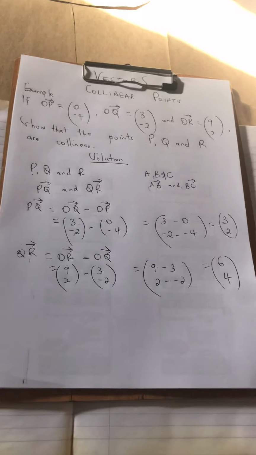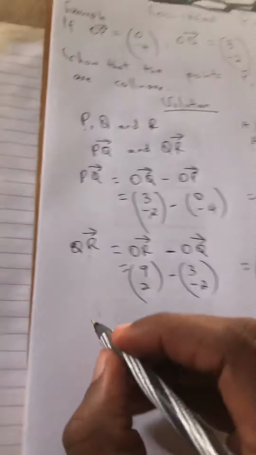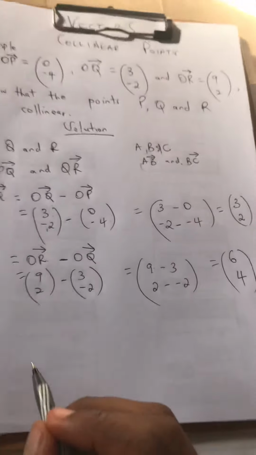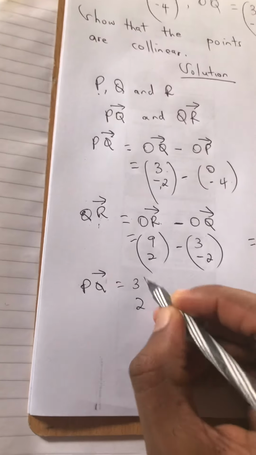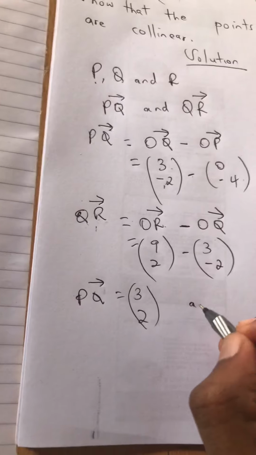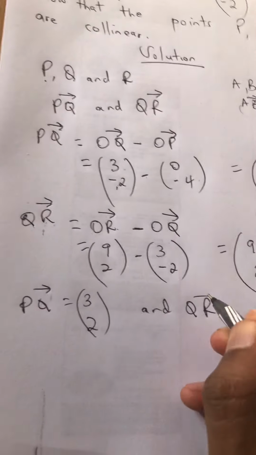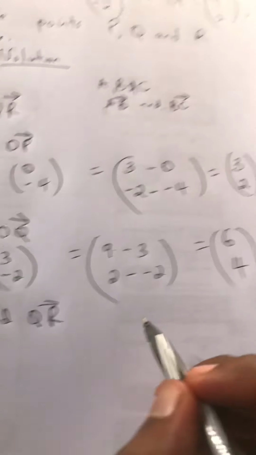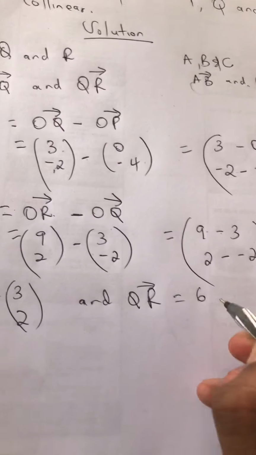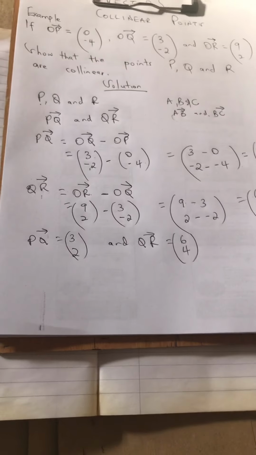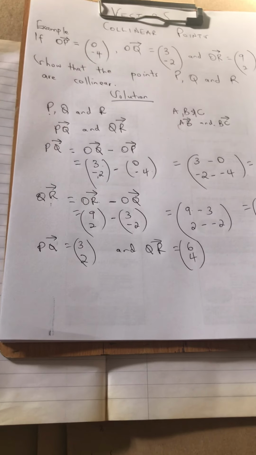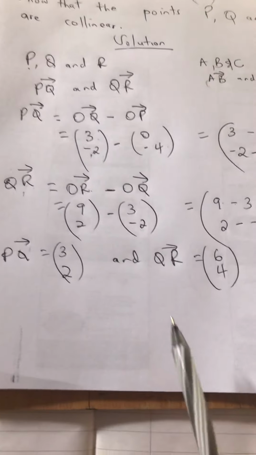Nice one, nice one. So we have PQ. As you can see, the answer for PQ was (3, 2). And QR, tumepata sahi, QR is (6, 4). Now we want to look at the relationship between PQ and QR. What can you see?